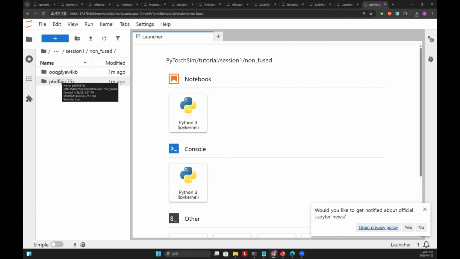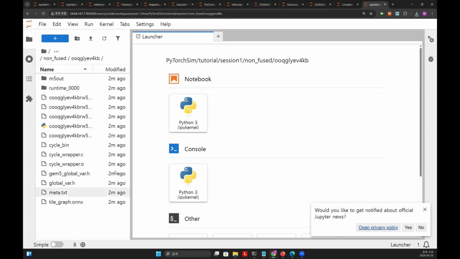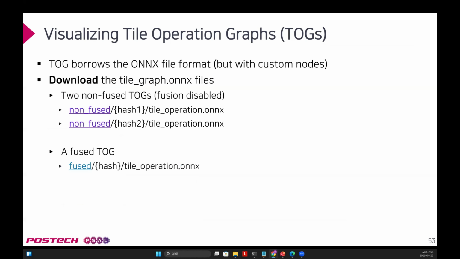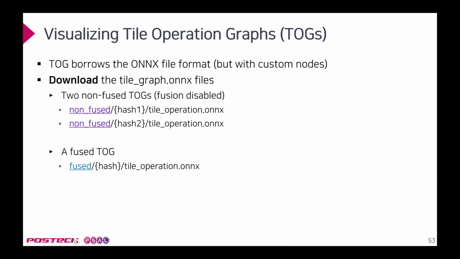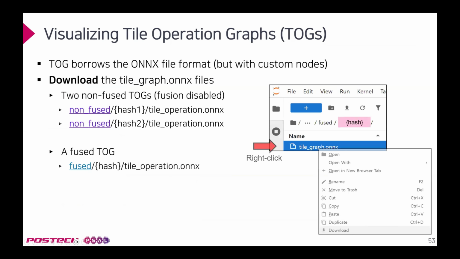You can download all those TOGs, but I just download only one, this ReLU TOG. So you can download the TOGs, and we will have 2 non-fused TOGs and 1 fused TOG that combines them.